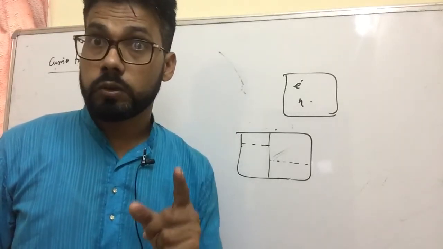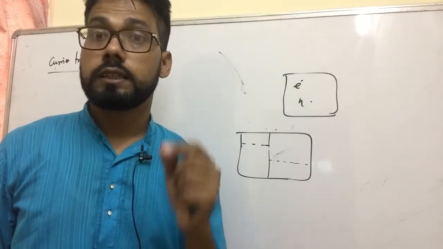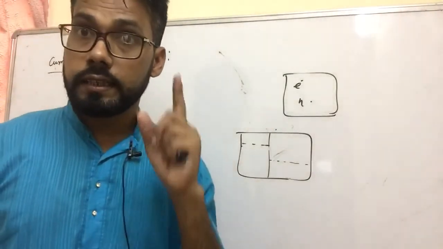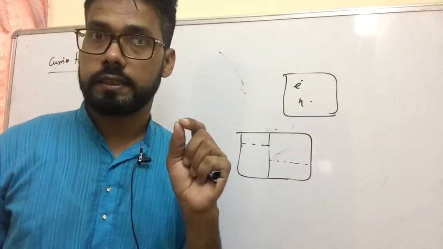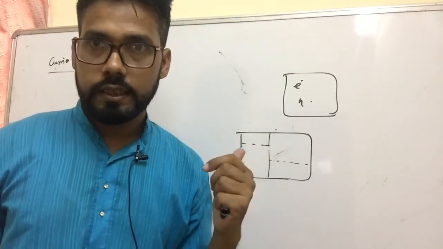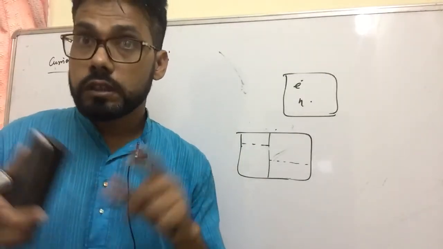So the current in a semiconductor is contributed by both drift current and diffusion current. However, the diffusion current contribution is much less significant compared to the drift current. That's why we mostly focus on the drift current, not diffusion.